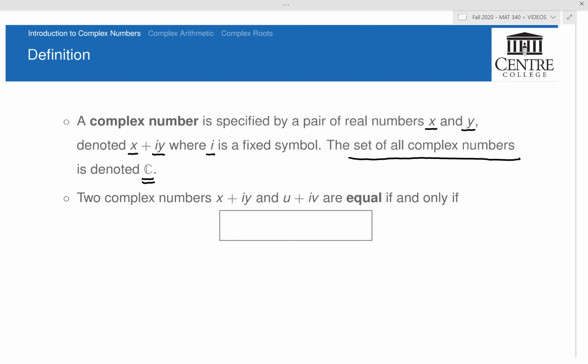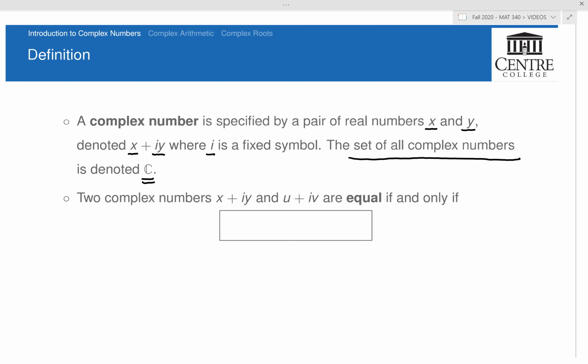If we want to define this new system, we would like to be able to do some arithmetic on it. If we want to do arithmetic, the starting point is to define what it means for two numbers to be equal.